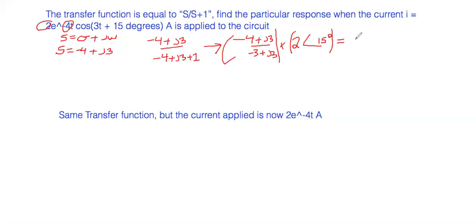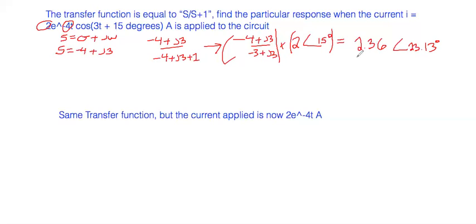So when you multiply this out, I've already done the work. It is approximately 2.36 angle 23.13. Your answer may slightly vary depending on how your calculator rounds.